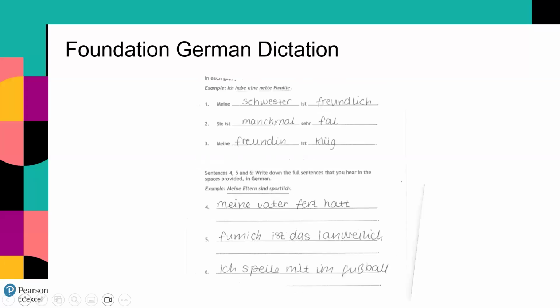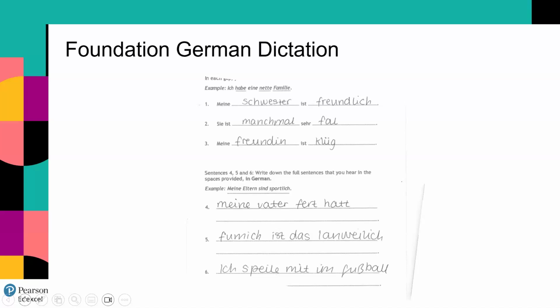Okay, so here again, if I look at the German, for example, the third one is klug or klug, okay, with the umlaut. Okay, 4 is mine or meine. Okay, so did they sound it correctly? Okay, then you've got the fair then, and then für mich, they say für mich.